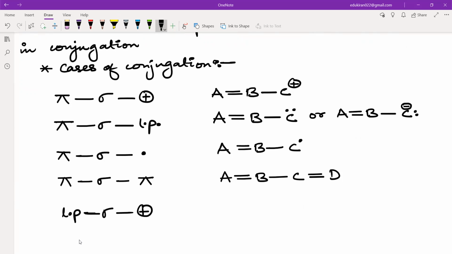You have A with a lone pair, a sigma bond, then B, which has a positive charge. So these are the cases in which you can have conjugation and where you will be doing resonance.